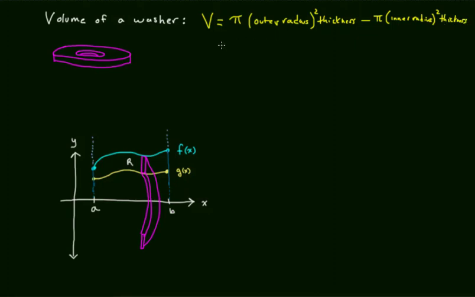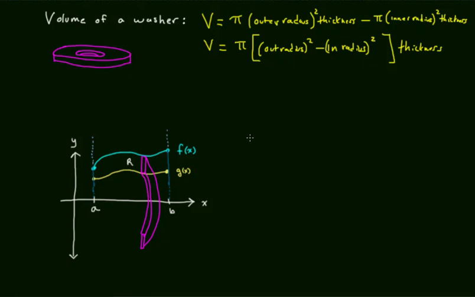We can also think of this if we pull out the pi and also factor out the thickness, then we see the important features are going to be the outer radius squared minus the inner radius squared. That gives us the volume of a washer.